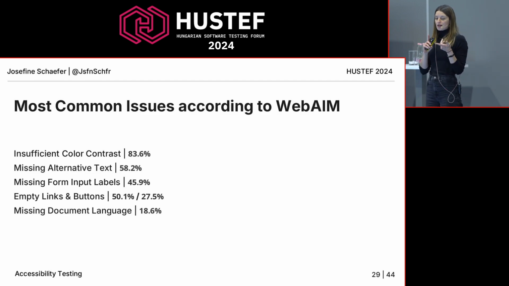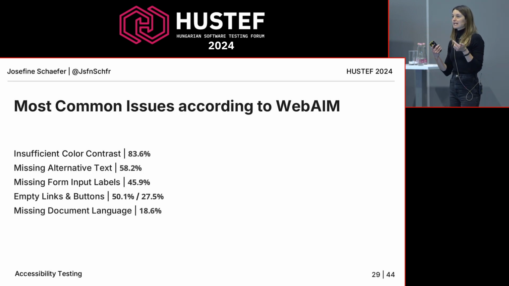They found that color contrast was a big issue, so the background and the foreground don't have enough difference, and over 80% of all the websites have this. Missing alternative text, so adding an alternate to any kind of visual thing to make sure that there's context for people who can't see, or also if the image isn't loading.